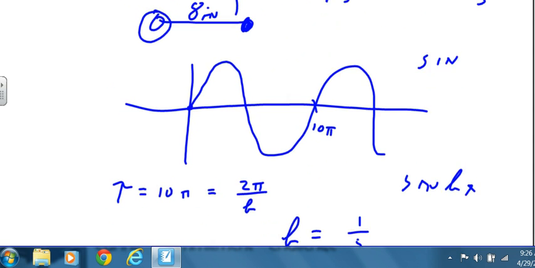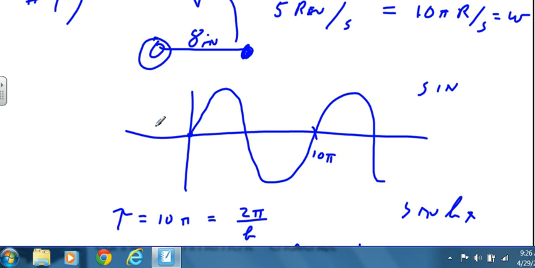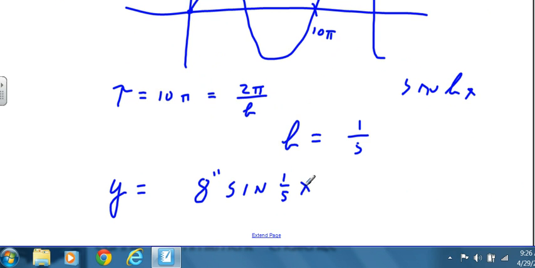The crank angle is going to go up 8 inches, it's going to go down 8 inches. So I'm going to have 8 inches sine 1/5 x. And then my period is going to be 2 pi over 1/5, which is going to be 10 pi. Okay.